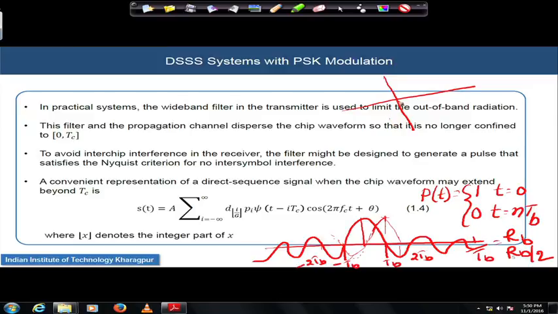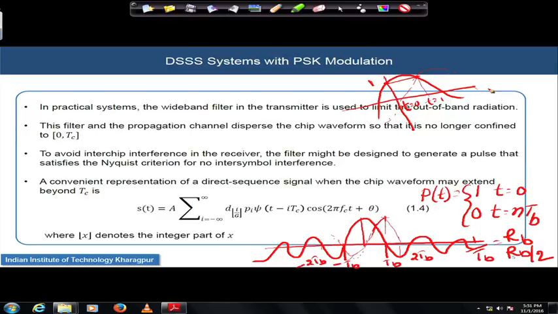Now we will be having two different values of t, t is equal to 0 and t is equal to 1, for which the pulse will have the value equal to 1, and hence we call it controlled interference.